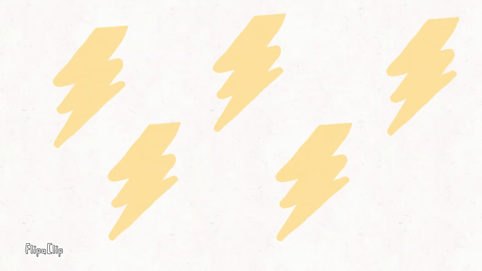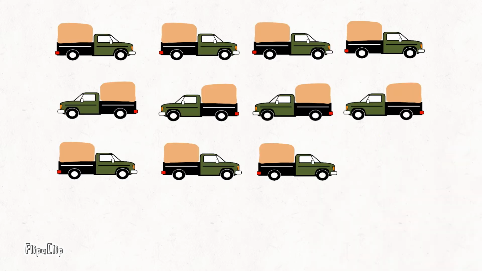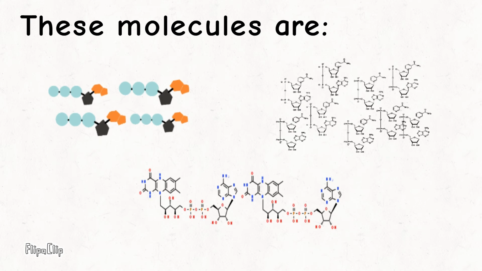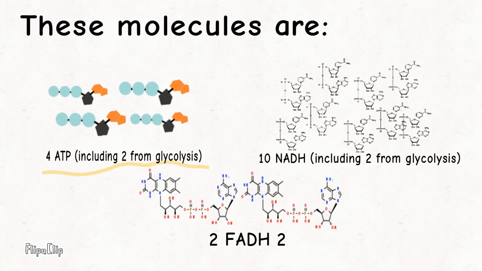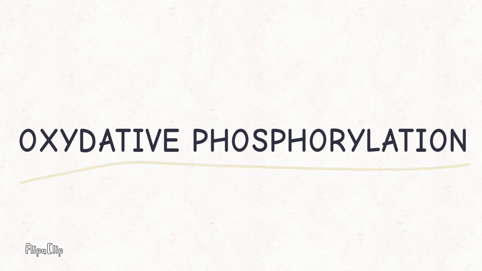The energy from its chemical bonds has been stored in a total of 16 energy carrier molecules. These molecules are 4 ATP, including 2 from glycolysis, 10 NADH, including 2 from glycolysis, and 2 FADH2. Lastly, we have oxidative phosphorylation, which is basically the need of oxygen.